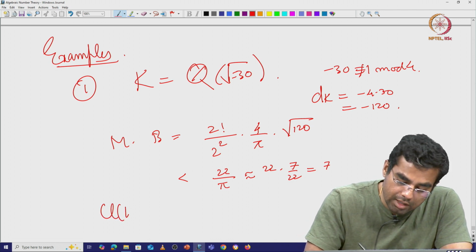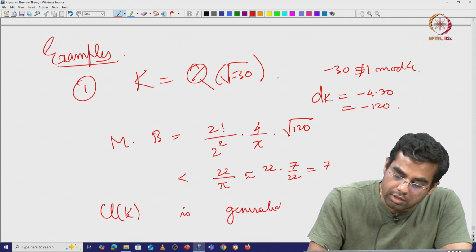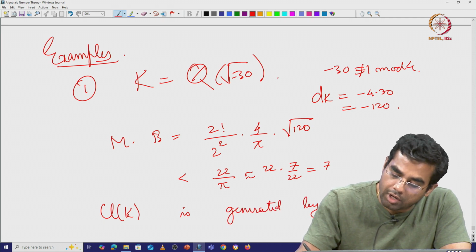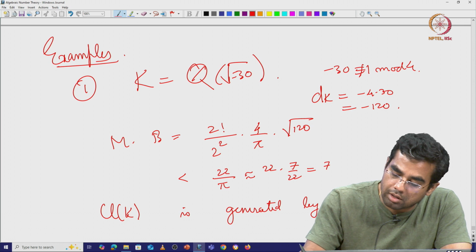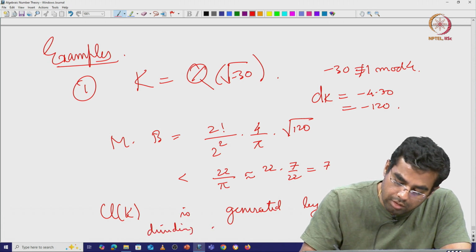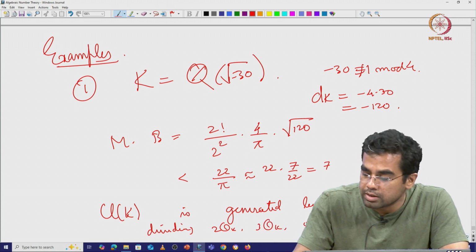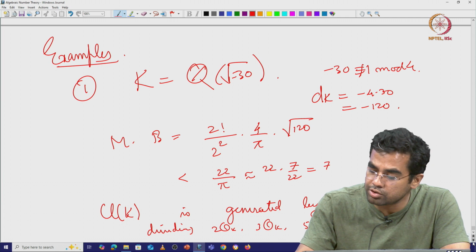So, the ideal class group of K is generated by primes dividing 2 times OK, 3 times OK, and 5 times OK. So, we have to find the prime factorization of these things.